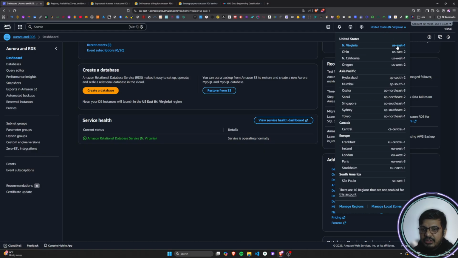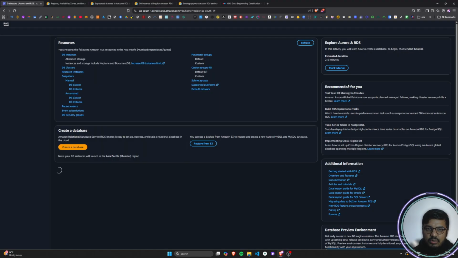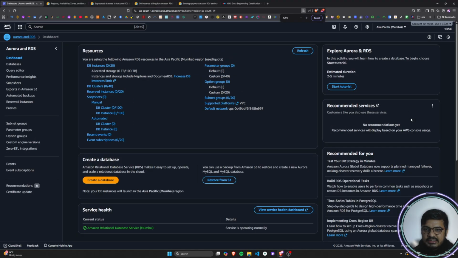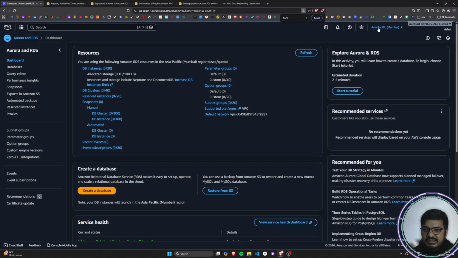Currently I am in US East 1, which is North Virginia. If I come to Mumbai, it will take a few seconds to reload. And now you can see it has reloaded itself to the Mumbai region. We are in the Asia Pacific region, and specifically in the Mumbai region.